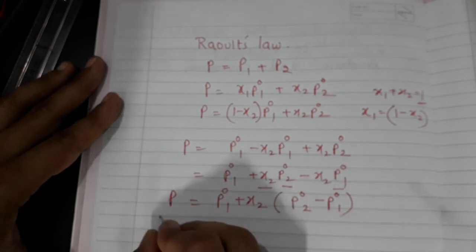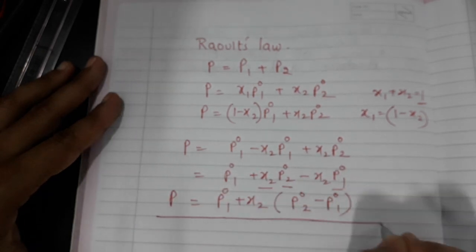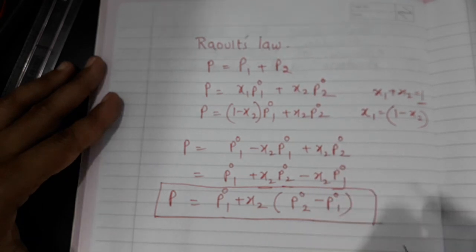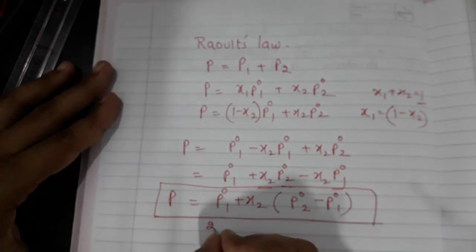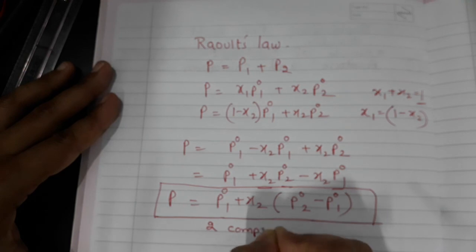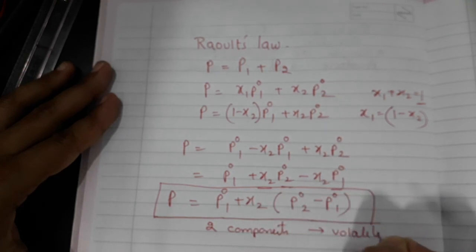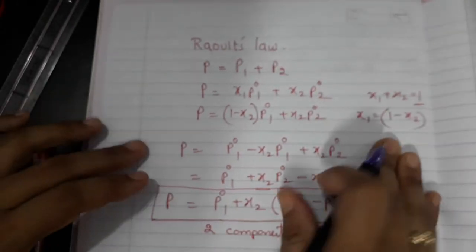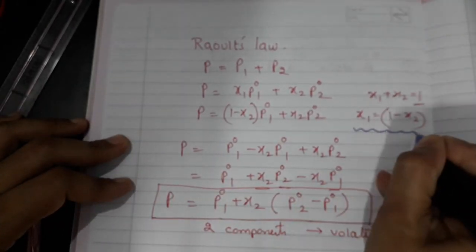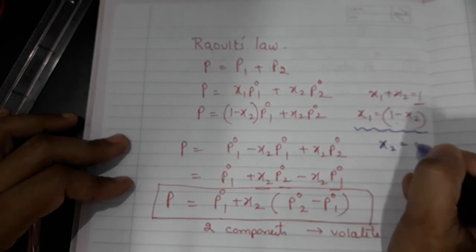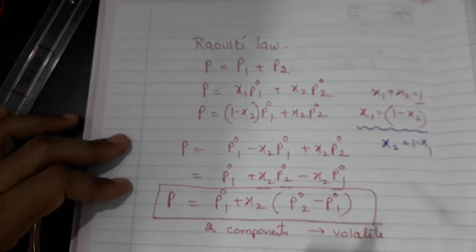So this is the expression for Raoult's law for two components, and both components are volatile in nature. Make sure that you can either write x1 is equal to 1 minus x2, or x2 is equal to 1 minus x1.